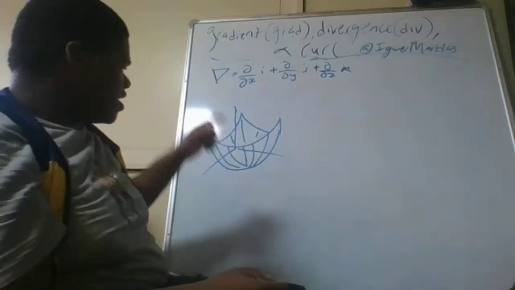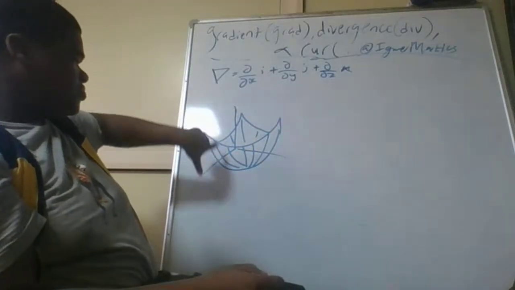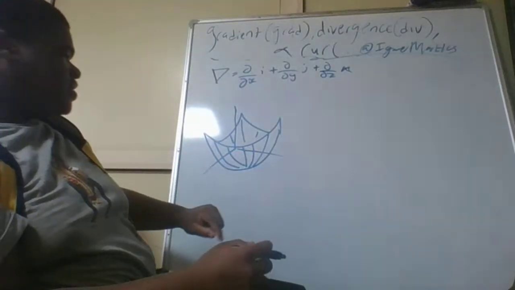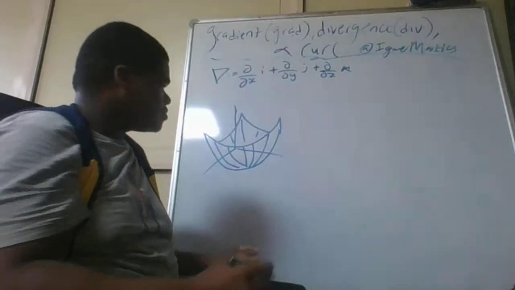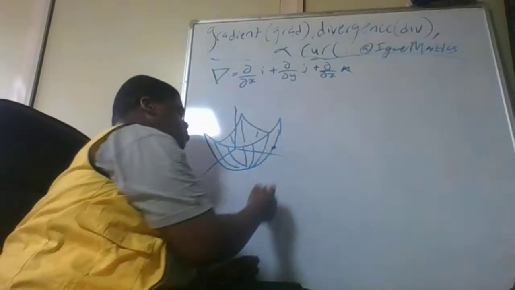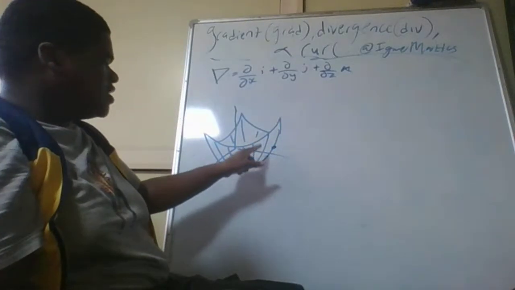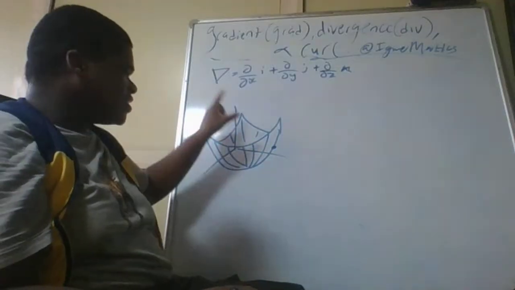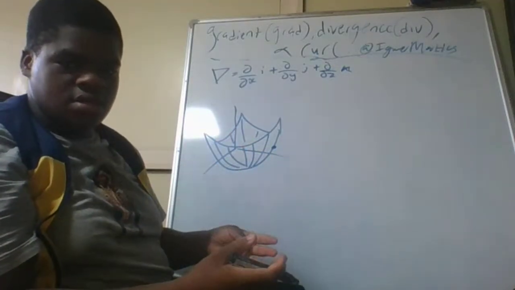Let's say our scalar function is 3D like this, and we have a curve like this, and I give you a point and ask you to tell me what is the gradient of this scalar field.